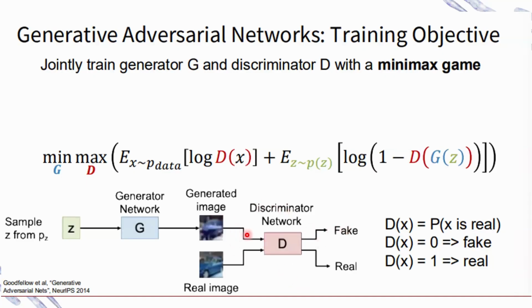In the beginning the discriminator network will be really good, because the generator is untrained. It will give really large signals to the generator network, saying, hey, you're doing very bad, do better.